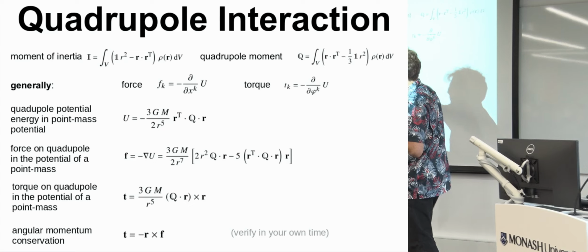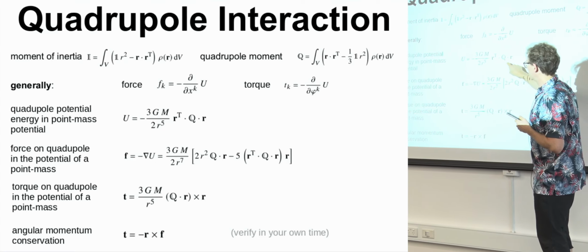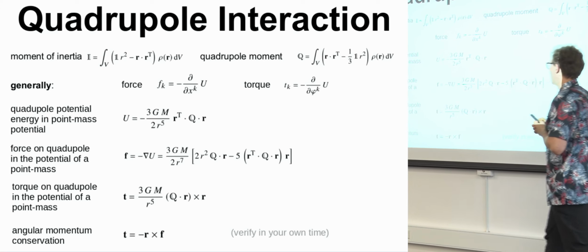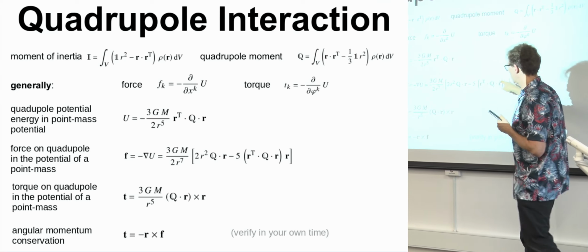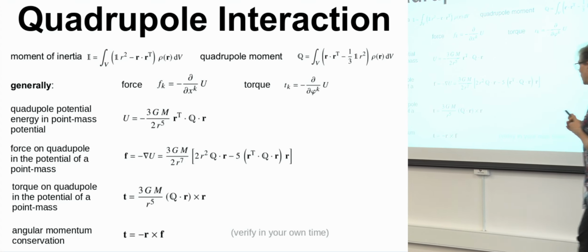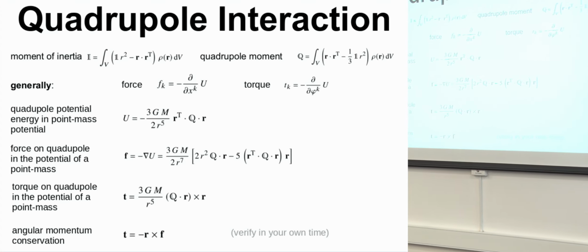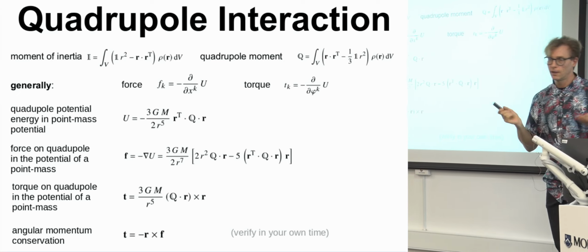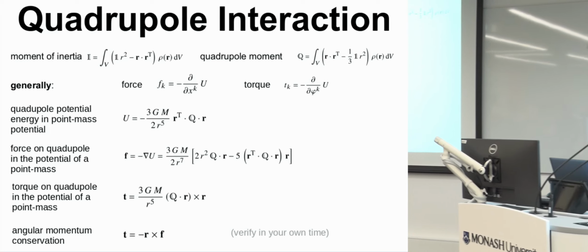So we have a quadrupole potential that is the interaction of a quadrupole with a gravitational monopole. From that you get some expression for the force and for the torque, and you can show that angular momentum conservation holds, that the torque is actually minus r cross f. So that works out quite nicely.